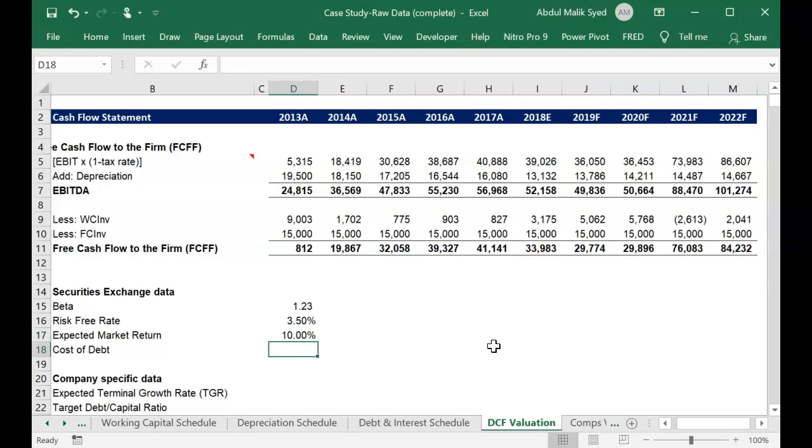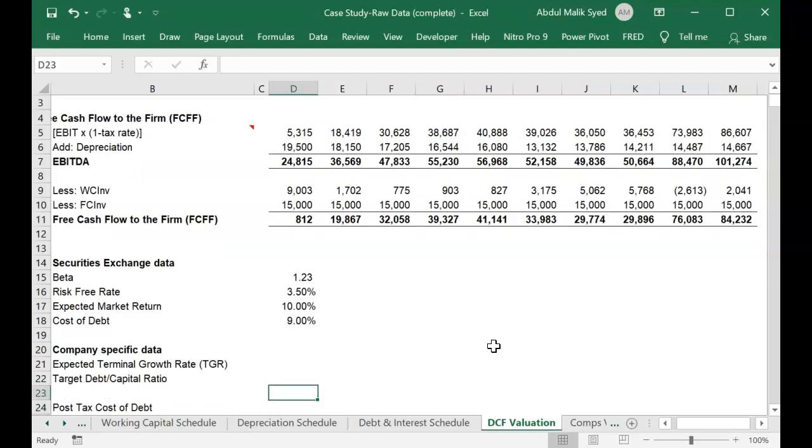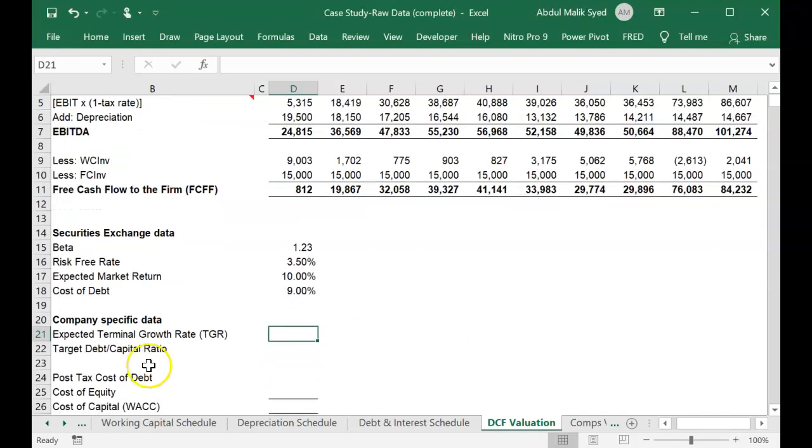So the cost of debt we assume to be say 9%. Okay. So all this needs to be calculated based on the formulas. So right now our focus is on understanding the corporate valuation. So let's say the expected terminal growth rate is say 6%. Target debt capital ratio is 50%. Okay.